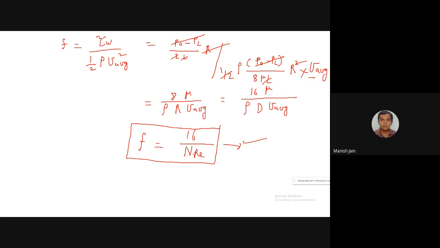Okay. Now this equation is only true for the laminar flow region. For the turbulent flow region, this equation is not true. So for the turbulent flow region, we have more complicated functions. So the Fanning friction factor is true for laminar flow only.